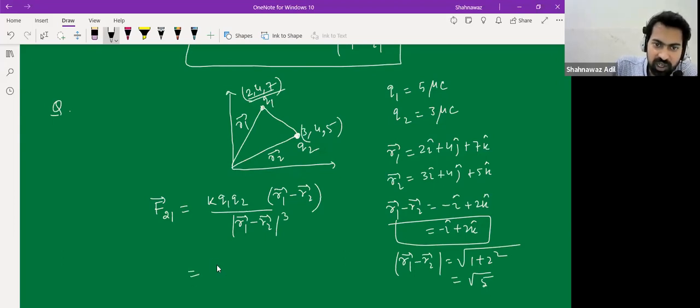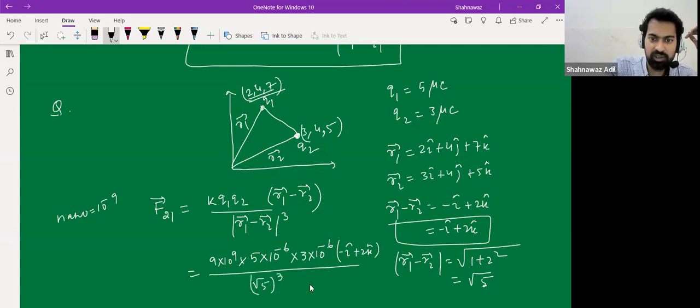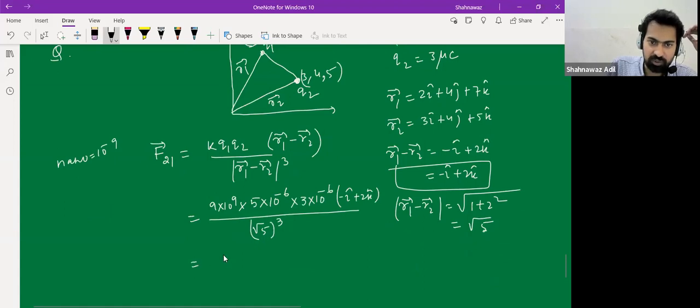This would be K, which is 9 into 10 to the power 9, times Q1, 5 micro, which is 10 to the power minus 6, times Q2, 3 into 10 to the power minus 6, times minus i plus 2k, divided by root 5 cubed, which is 5 root 5.